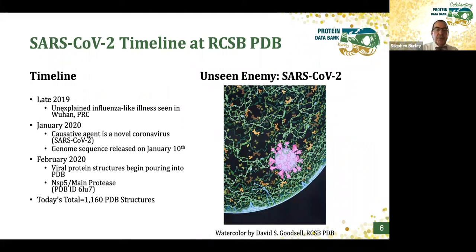The very first of these, which I'll show you in a subsequent slide, was that of non-structural protein 5, or the main protease. As of today, there are approximately 1,180 PDB structures of SARS-CoV-2 proteins. I'm sorry, this slide is slightly out of date.